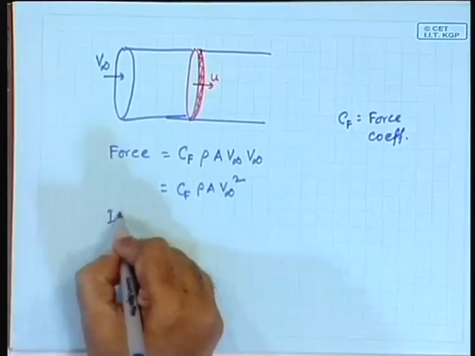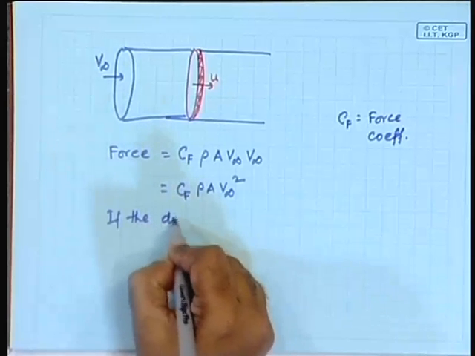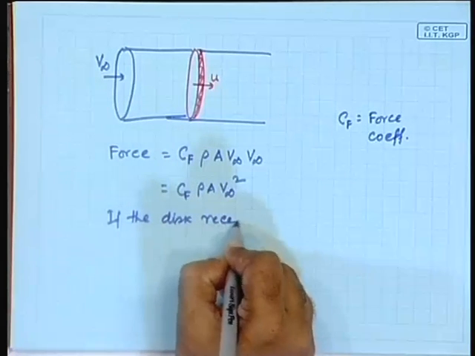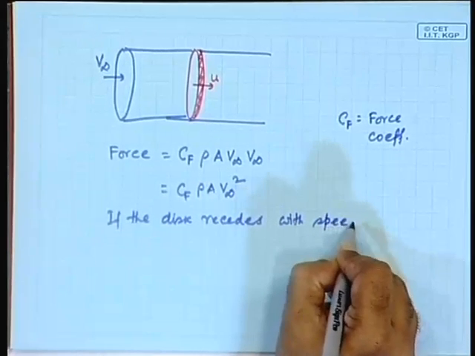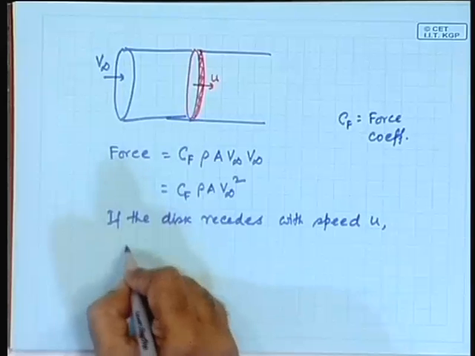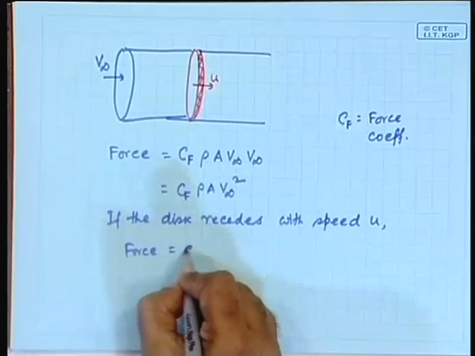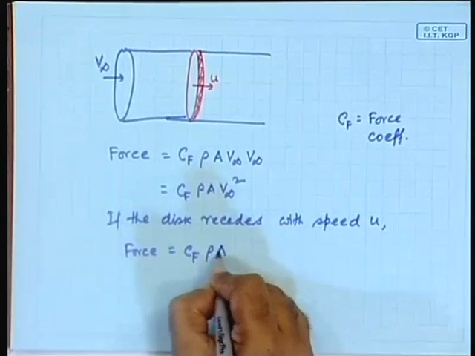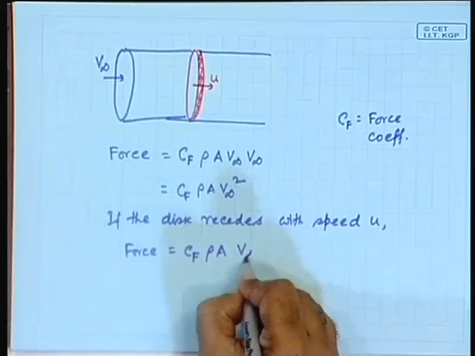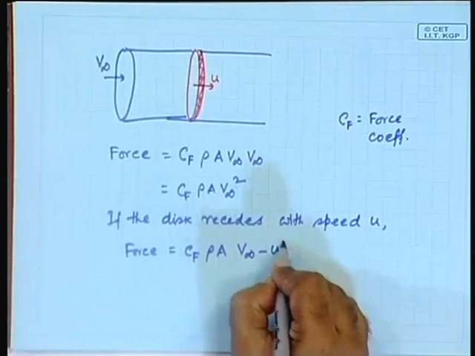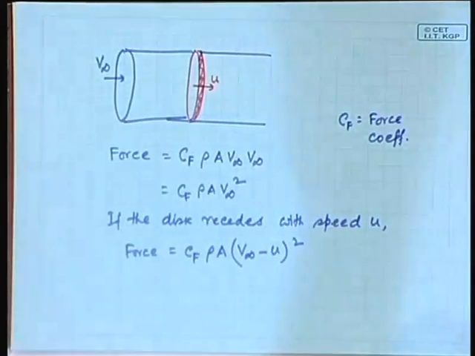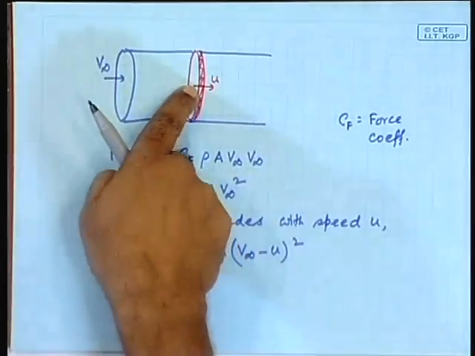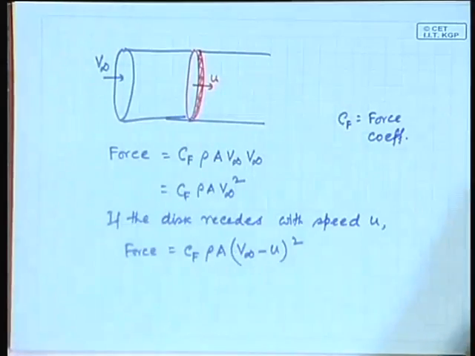So if the disk recedes with speed u, then force is Cf rho a v infinity minus u square, right. How much will be the power extracted? Force times the motion. Okay. So then power done.